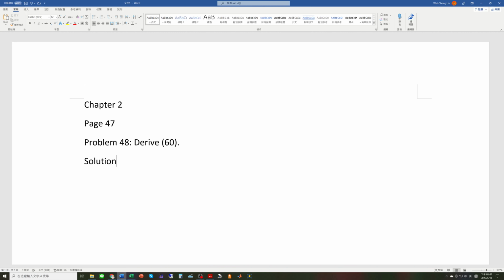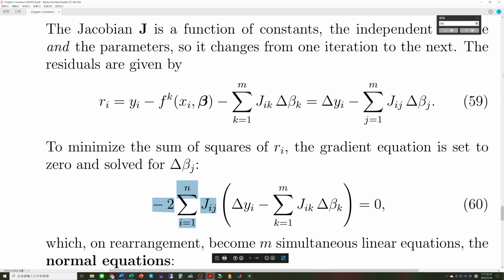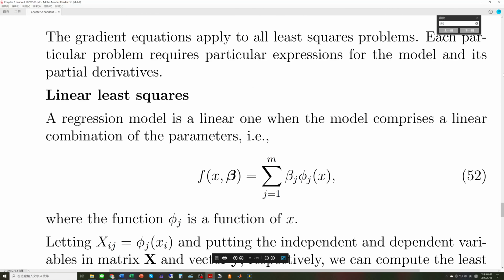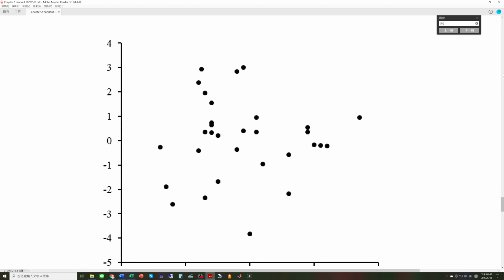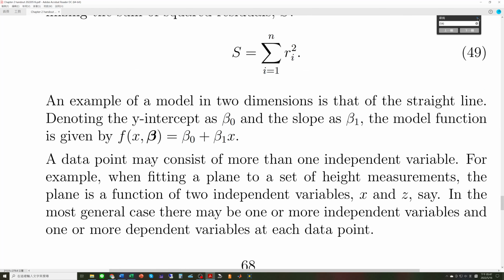Solution: according to equation 49 in the handout. Let us see equation 49.